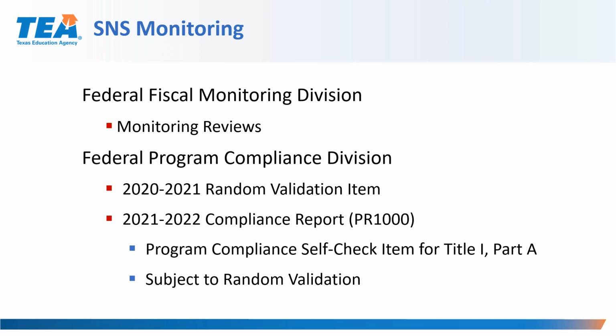The end-of-year compliance report for 2021-2022 included the supplement not supplant requirement as a program compliance self-check item for Title I Part A. This requirement is also subject to future random validations.